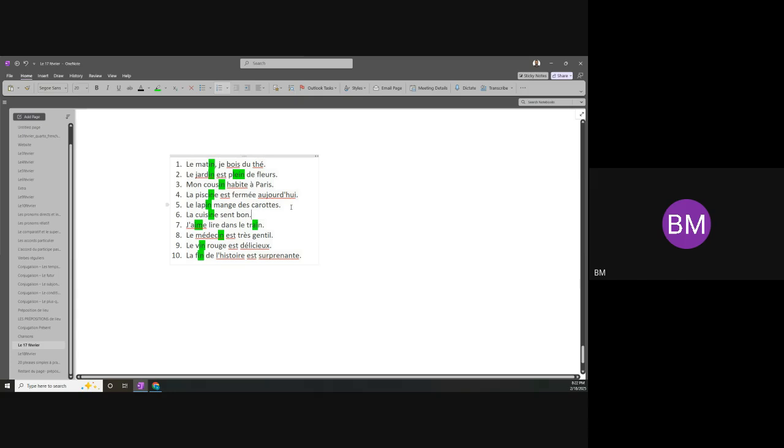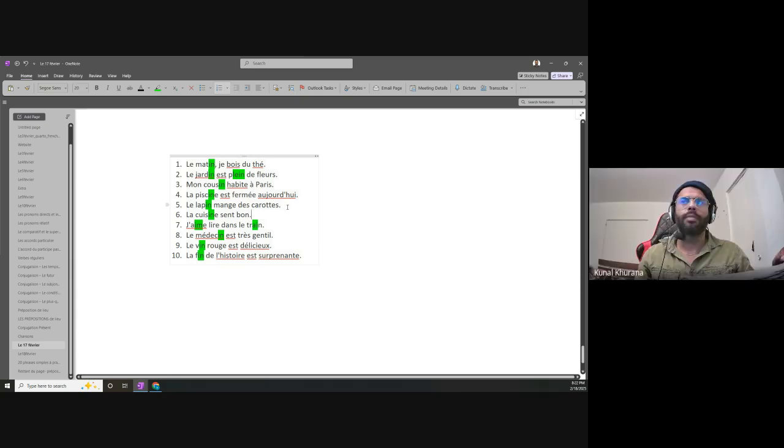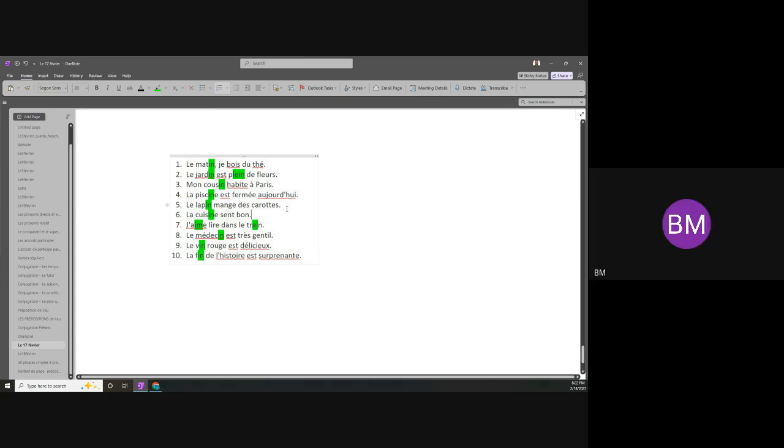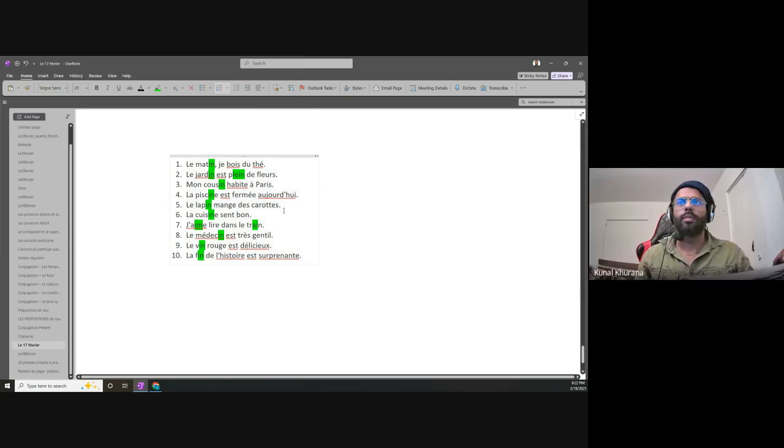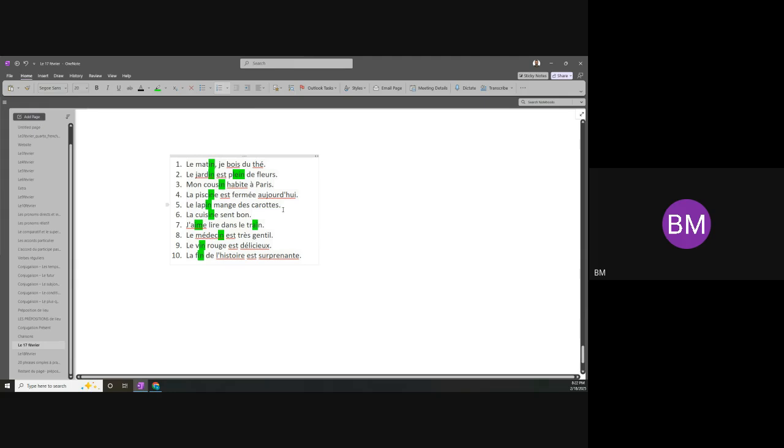Mon cousin habite à Paris. D'accord. La piscine est fermée aujourd'hui. Le lapin mange des carottes. D'accord. La cuisine sent bon.